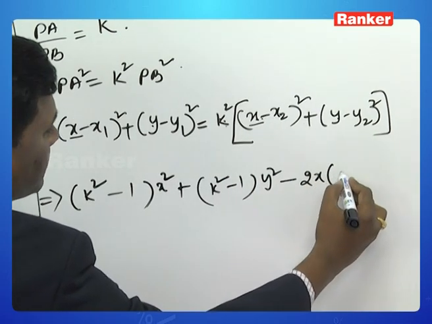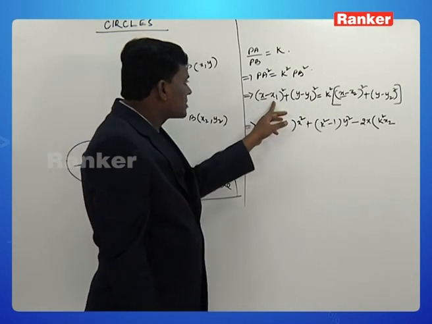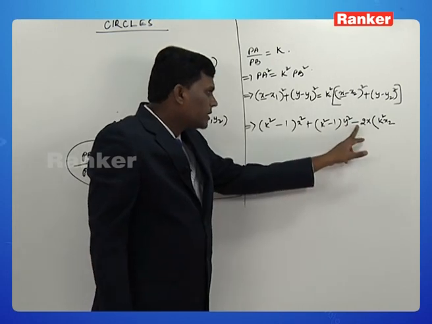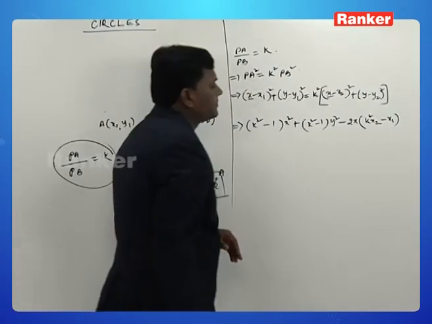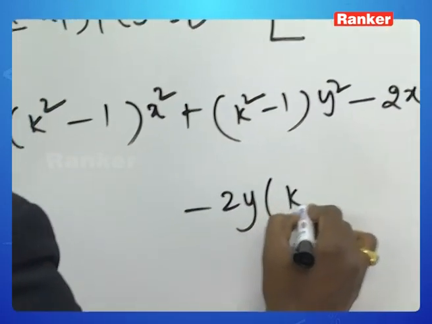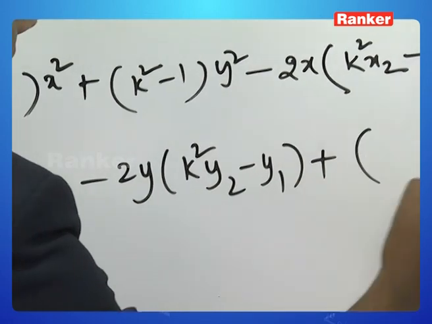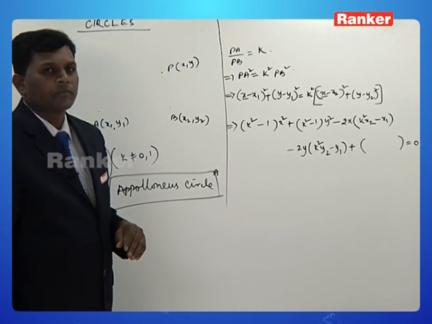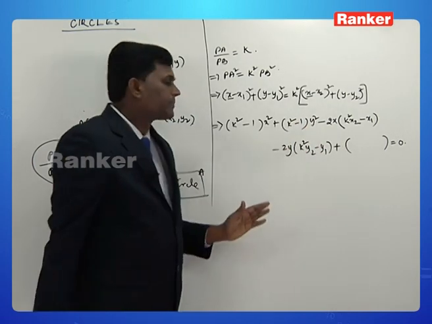Here you are getting k square x2. This is minus 2x x1, transferring to the right side becomes plus 2x x1. If you take minus common, inside it will again become minus x1. Similarly, the y term: minus 2y into k square y2 minus y1, plus some other constant terms equals 0.